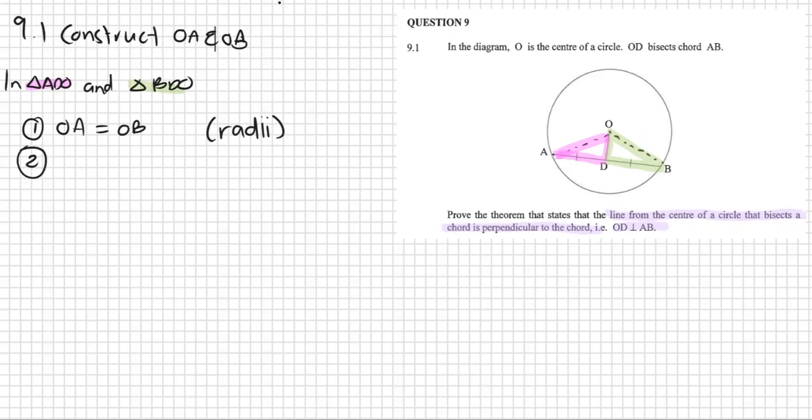Second fact, second side, is that OD is common. Common just means it is literally the same line. And the third thing is that AD is equal to DB. That was given. So you can write that it was given.